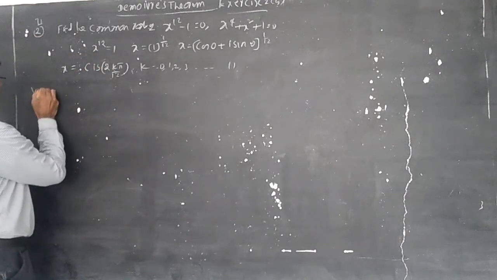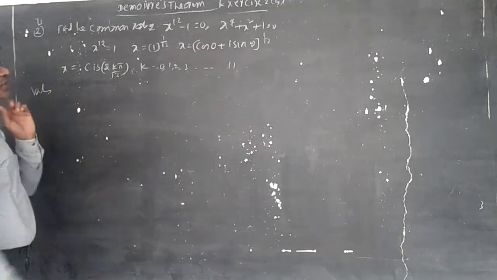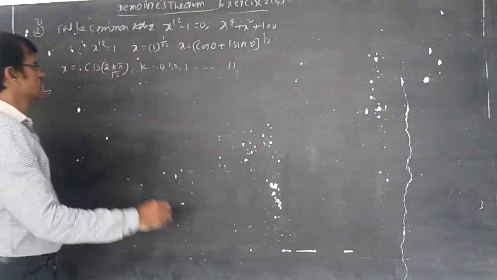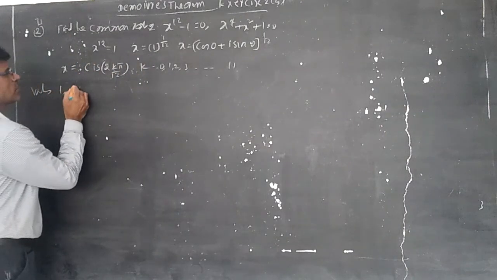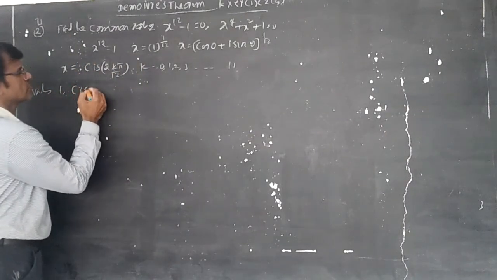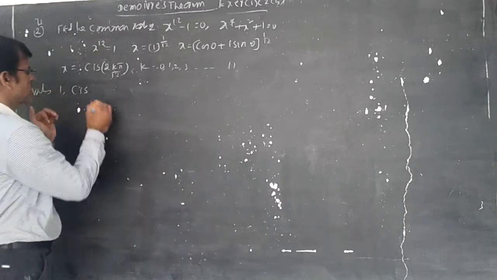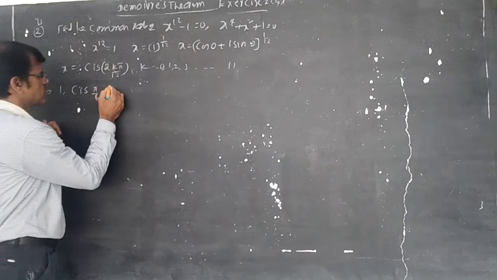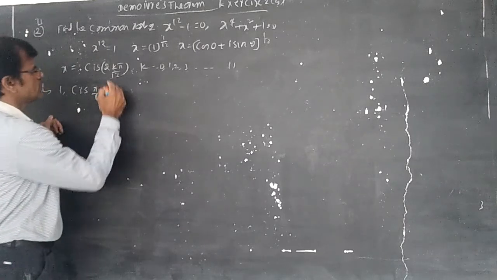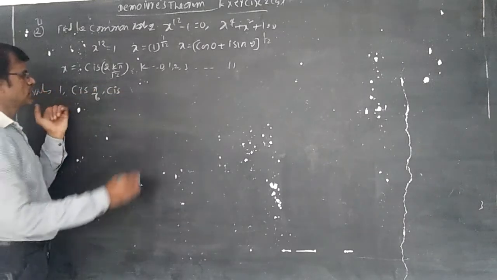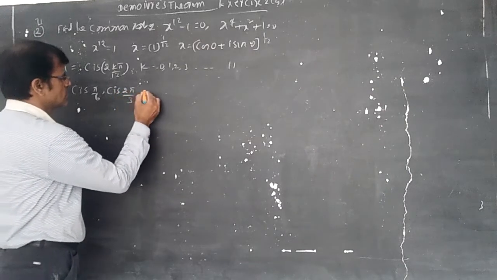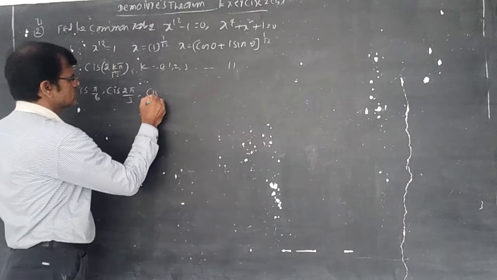So values I am writing. If I put k is equal to 0, it is 1. 1 is not the root. So values: 1, put here, 2 pi by 12, that is pi by 6. 2, you put here, 4 pi by 12. So 2 pi by 3. Exactly, this is the root. And 6.